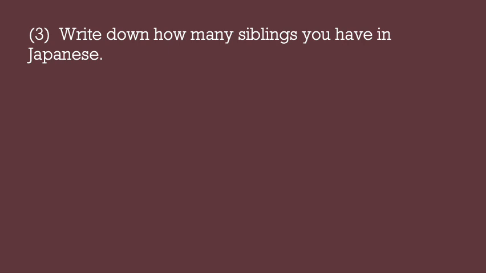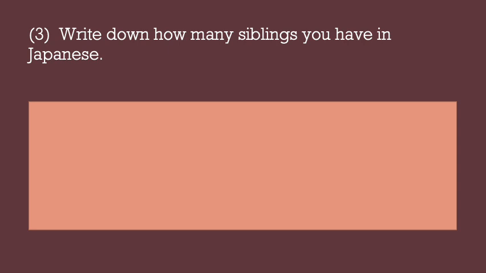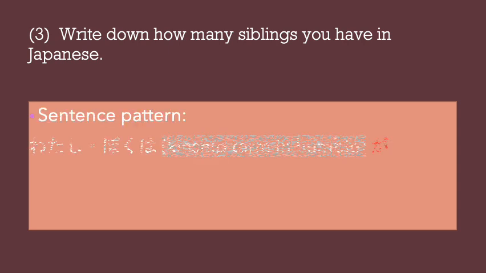Okay, we'll keep going. Now number 3. Write down how many siblings you have in Japanese. Sentence pattern is right there. 私 or 僕は, then a kinship term in humble form, used here because you're talking about your own family member.